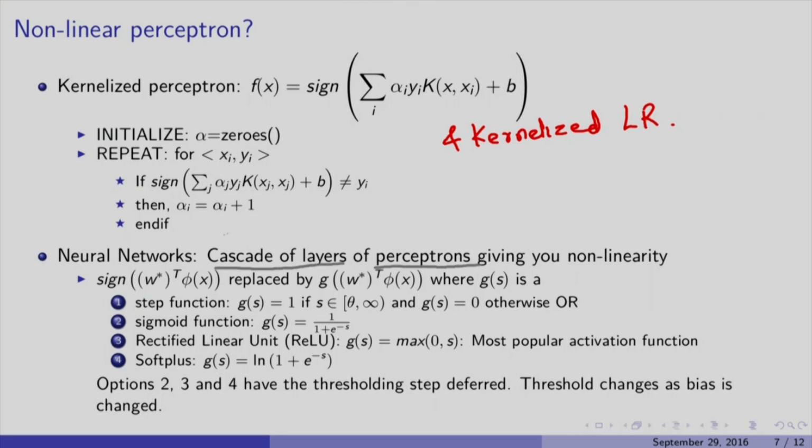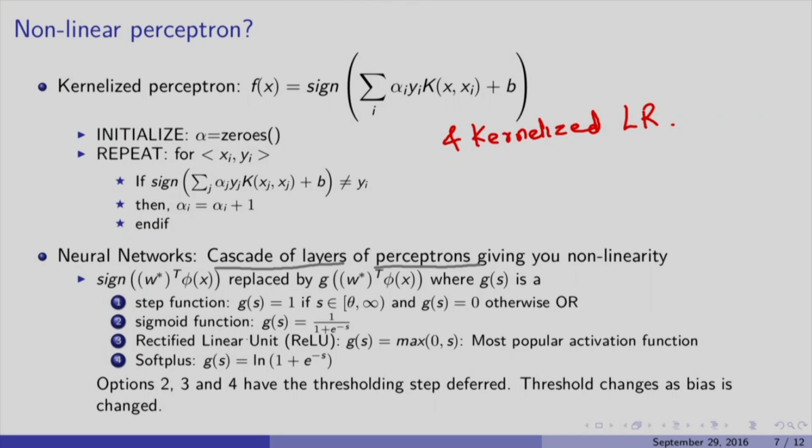this gives you nonlinearity. So the sign of W transpose phi(x) can be replaced by any one of the following activation functions. You could look at the simple linear function with a step, the sigmoid function we have already discussed.